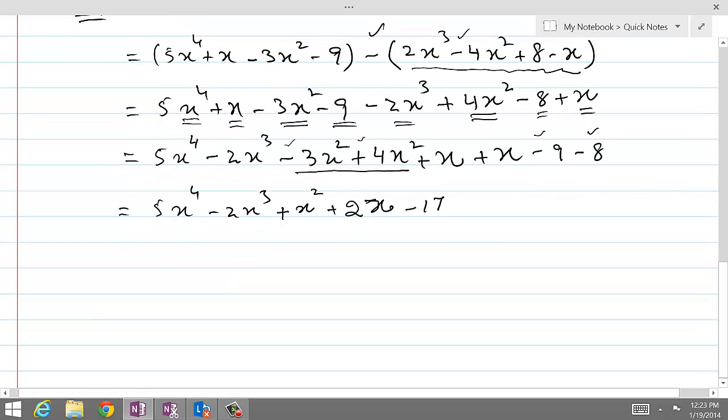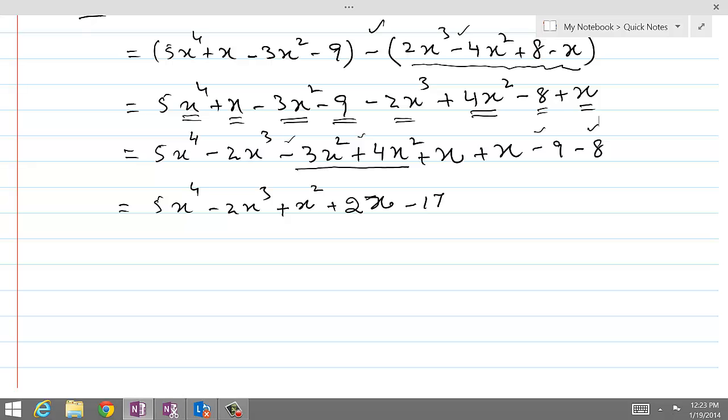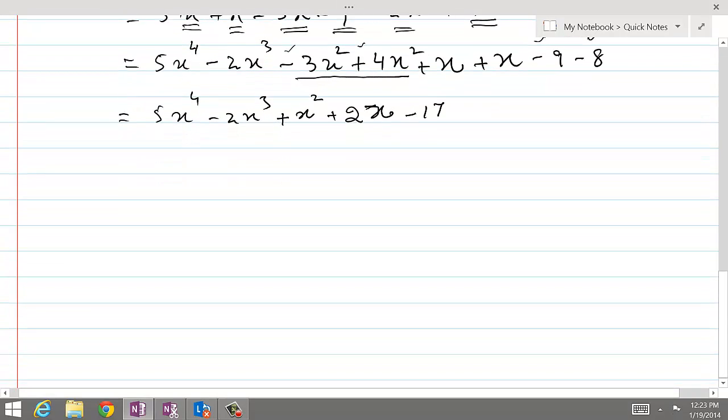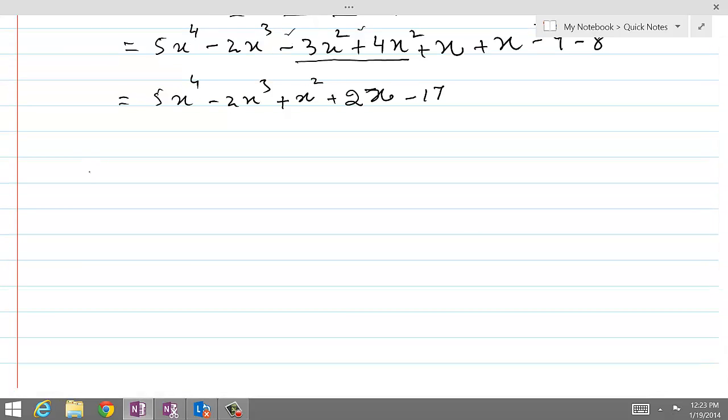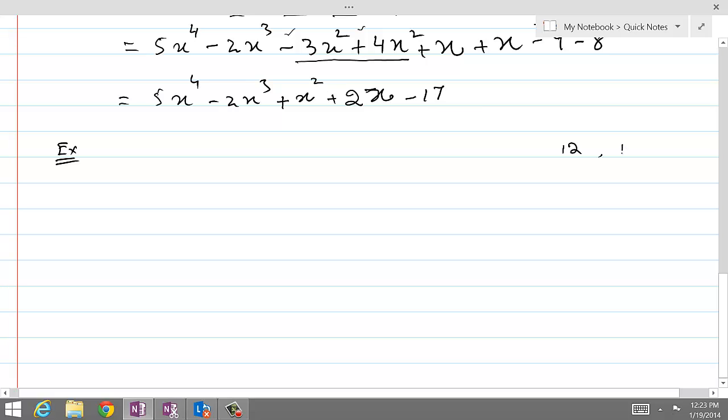Now let's take another example here, and this time the sum of the polynomials. If you had contributed $12 and somebody else has contributed $13, then what is the sum?